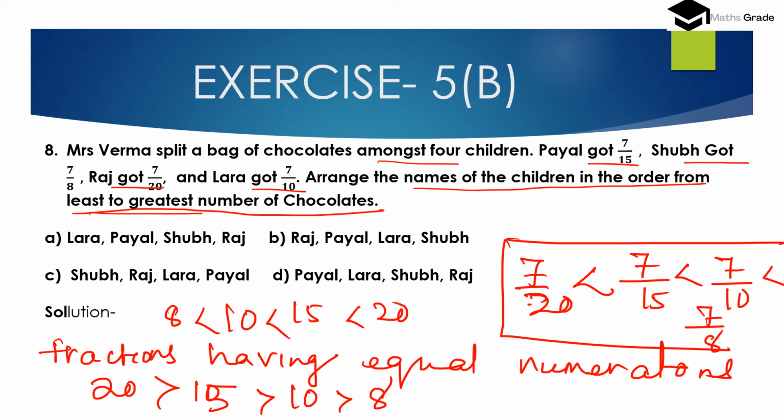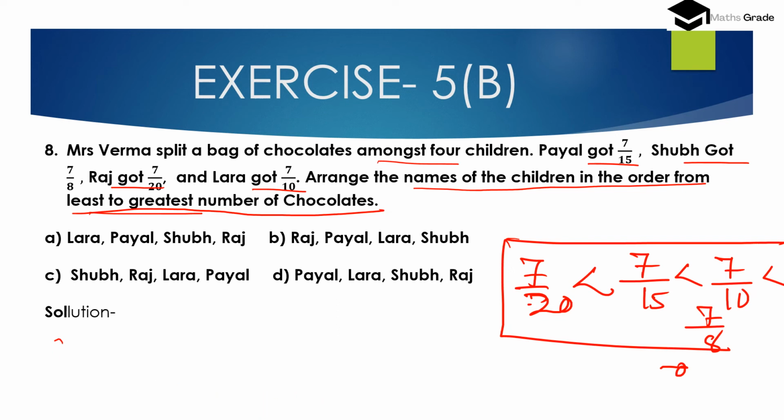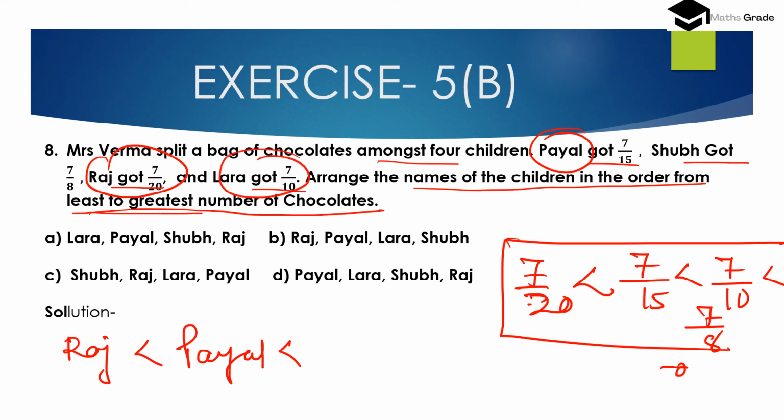So 7/20 is Raj, which is less than 7/15, Payal, which is less than 7/10, Lara, which is less than 7/8, Shubh.